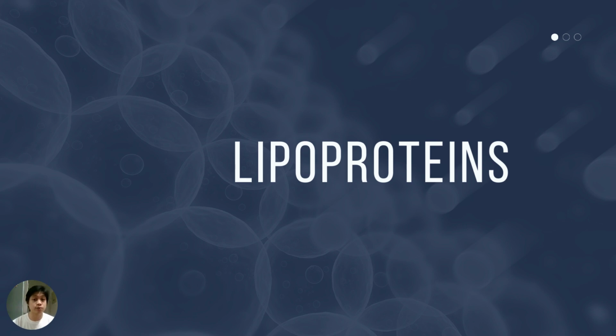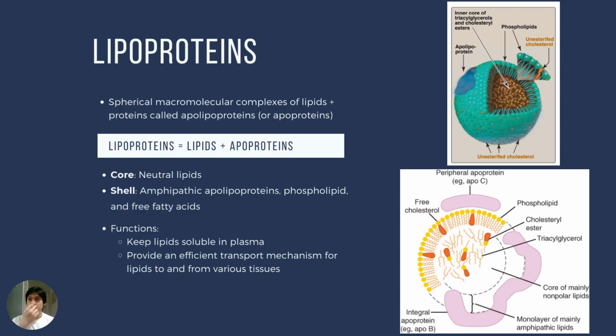Let's now go to lipoproteins. Remember that cholesterol is a lipid. And you have also been aware that there are lipids found in the blood. Blood is made up of plasma, which is largely water. So you have a hydrophobic substance present in plasma, which is water. How does that happen?